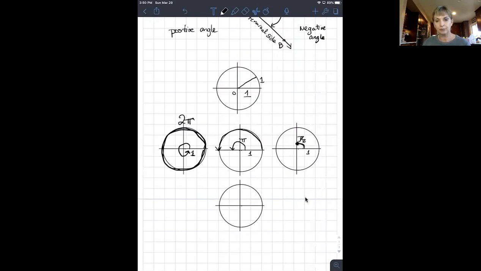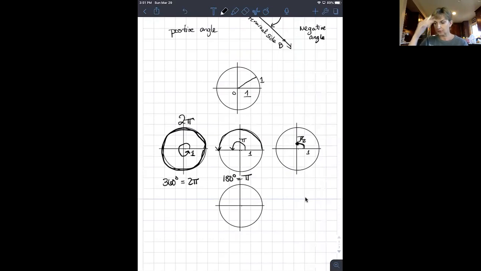Okay, so what have we learned from those 3 circles? Well, we've learned that 360 degrees all the way around that circle was 2 pi. We learned that halfway around that circle, which is 180 degrees, was 1 pi.